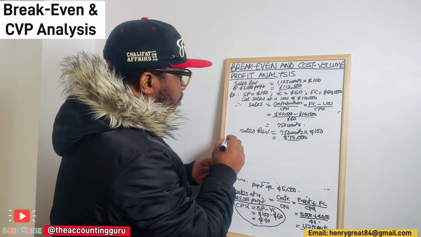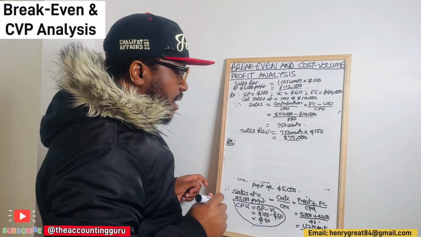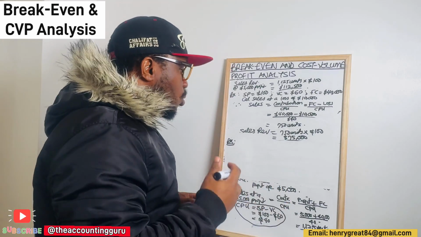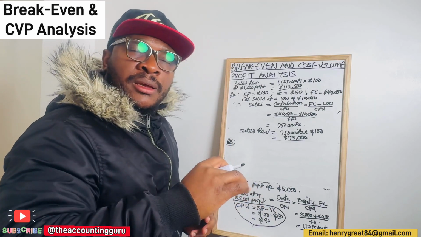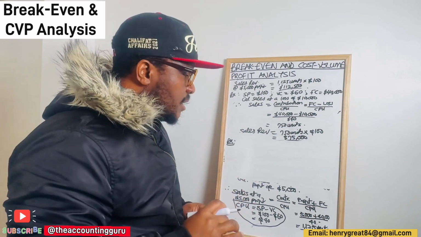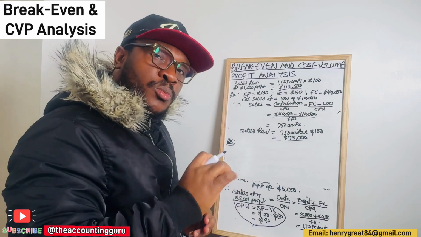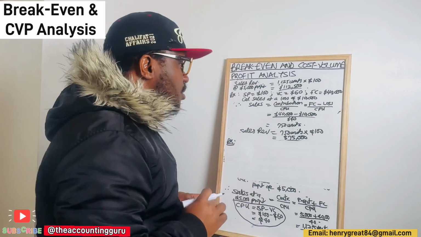So using this example, let's assume that the business has total revenue equal to total cost. What would be the break-even sales, both in value and in units? Good.